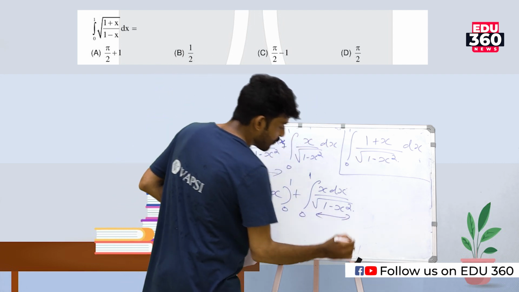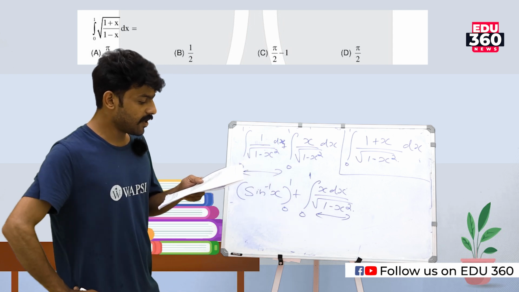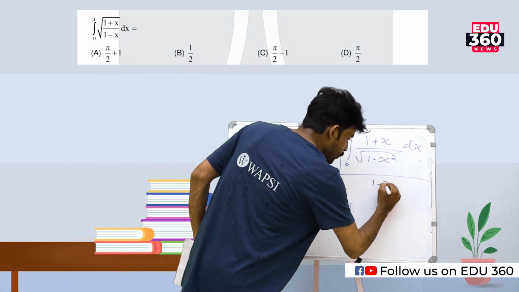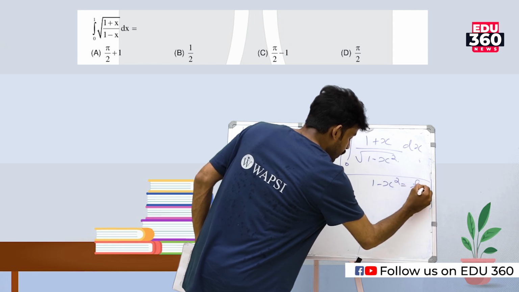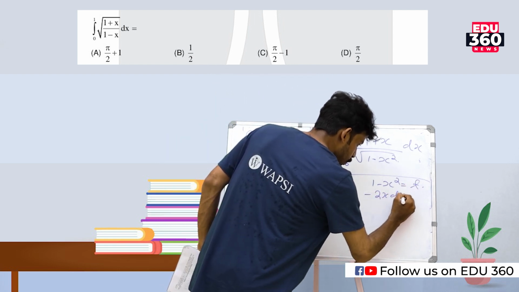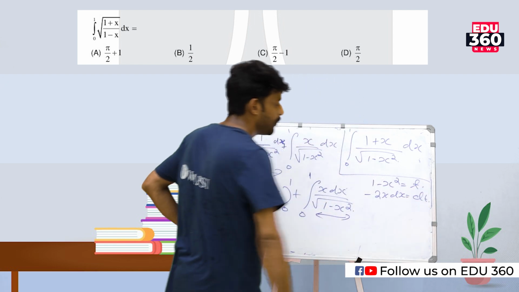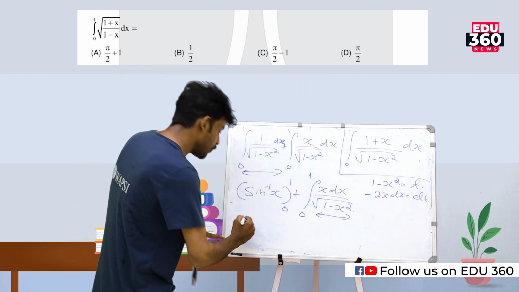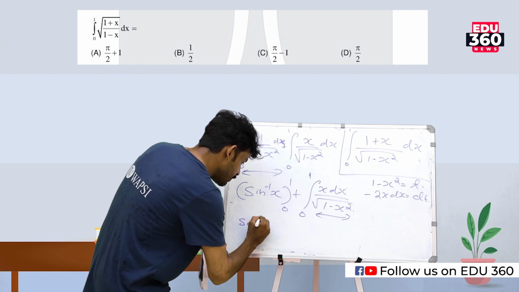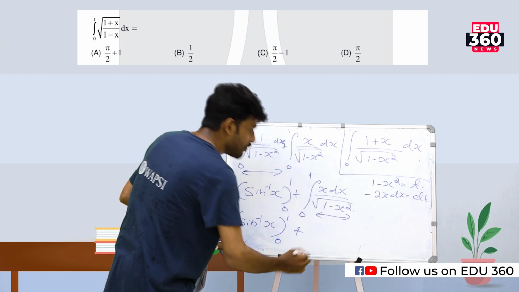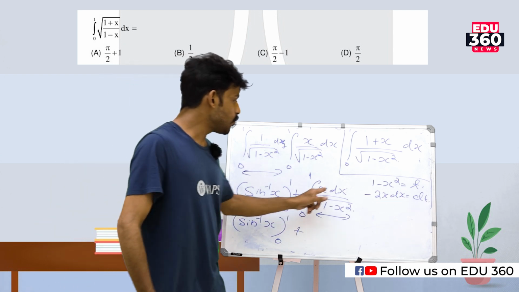So on the next step, for 1 minus x square we can substitute it as t. So minus 2x dx is equal to dt. So that is sine inverse x for the limit 0 to 1 plus 0 to 1 x dx.